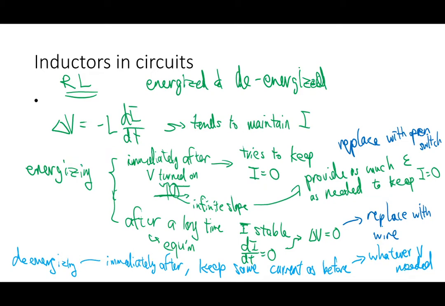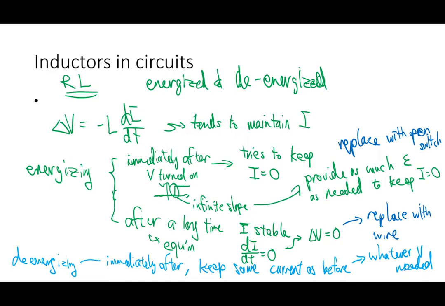So based on whatever resistance is in series with the inductor, you can work out how much potential it needs to maintain that same current, and it will provide that. So that's again when you have a mixture of resistance and inductor in a somewhat complicated looking circuit.